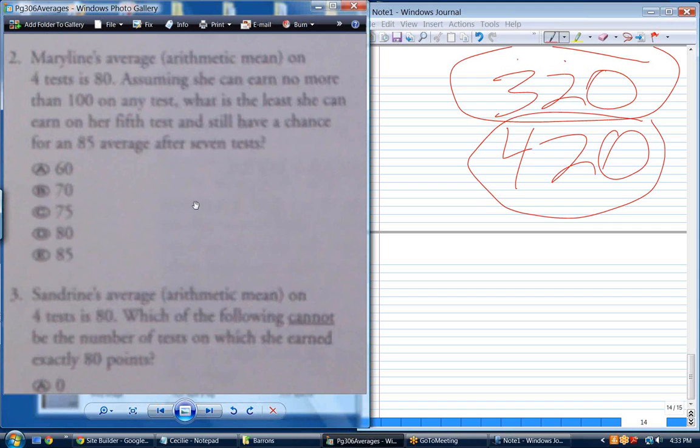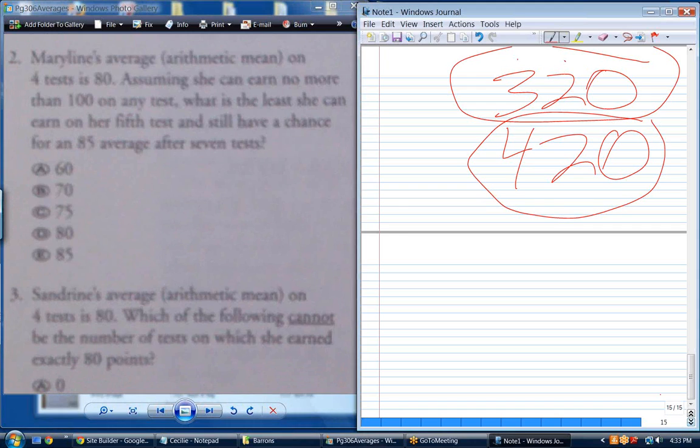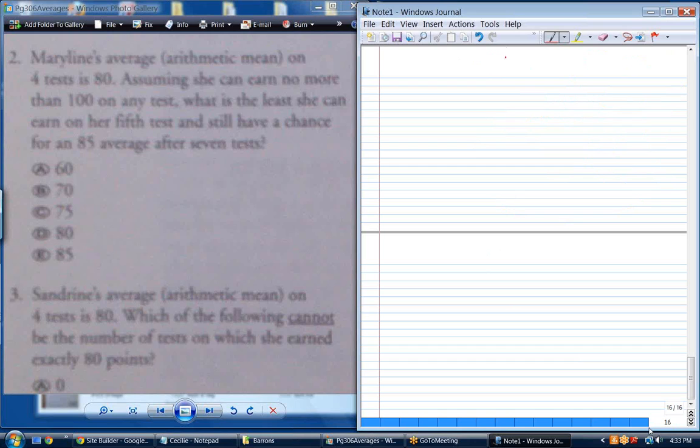Okay. Well, Marilyn's average on 4 tests is 80, so the sum is 320. Assuming she can earn no more than 100 on any test, what is the least she can earn on her 5th test and still have a chance for an 85 average after 7 tests?